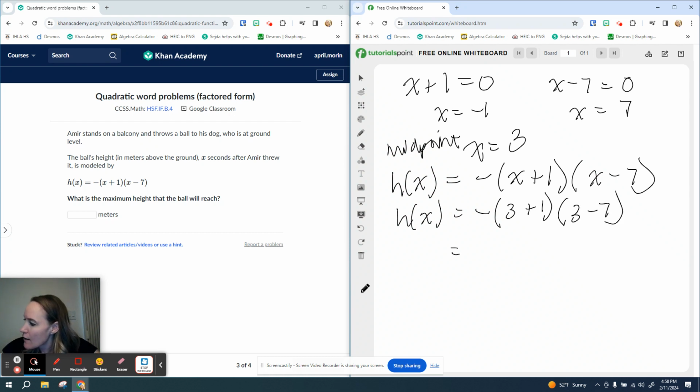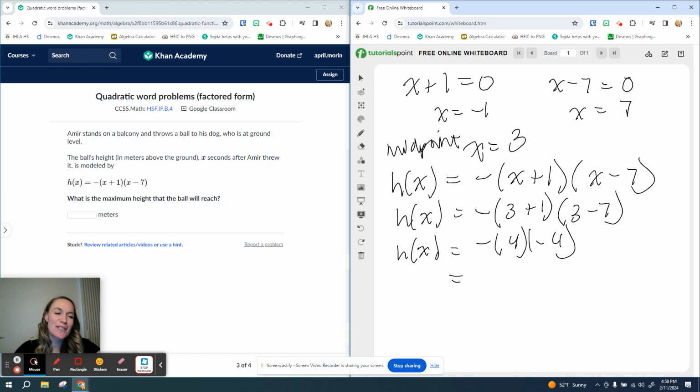So then we have h of x equals -, 3 plus 1 is 4, and then 3 minus 7 is negative 4. And then we have a negative times a negative equals a positive. And that makes sense, right? Because if he's throwing a ball, it's going to reach a positive height and not a negative, right? So, and then we have 16. Okay, so 16 meters.